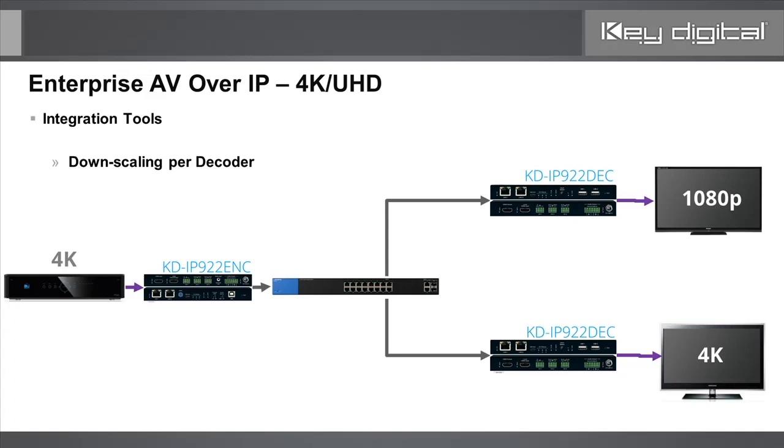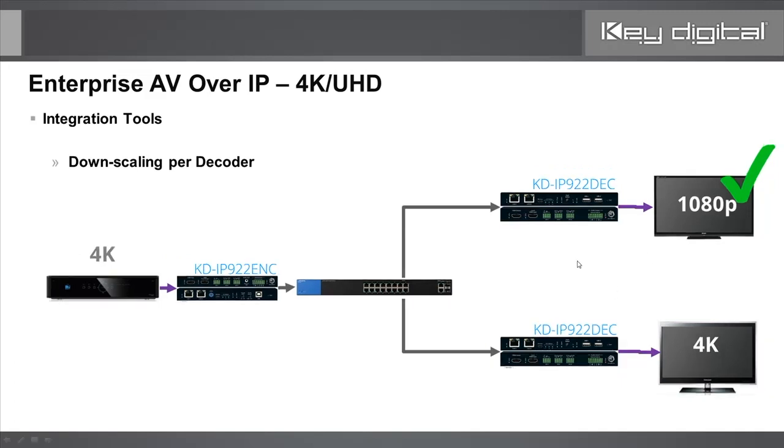You can downscale an incoming 4K resolution to become 1080p, for example, making all of the displays in your system able to view any source at any time and in any combination, truly for the first time since the introduction of 4K. Very, very cool feature, very, very powerful.